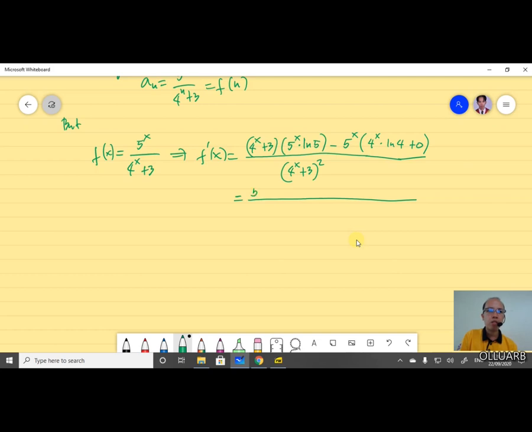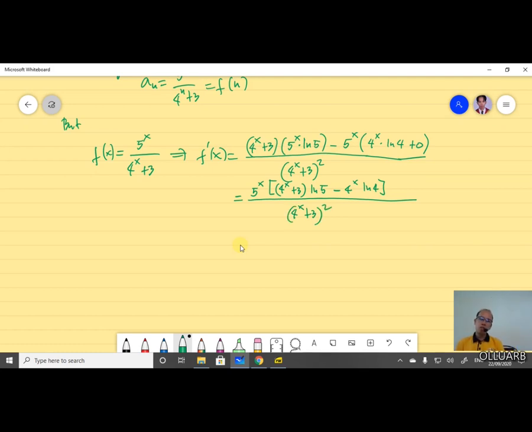Then what will remain is 4 to the x ln 5 minus 4 to the x ln 4 plus 3.